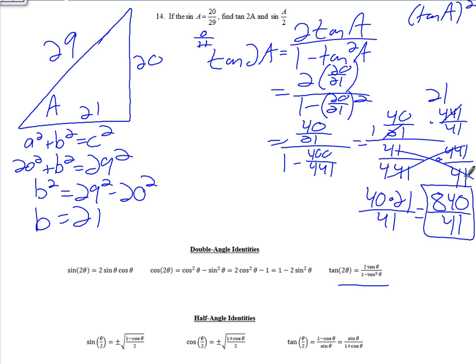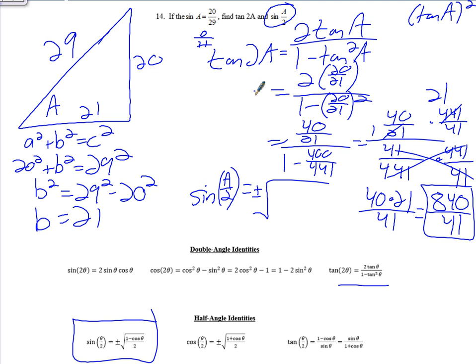For the sine of A over 2, you're going to do the same thing, except now we're going to just plug it into this formula here. So you have sine of A over 2. Sorry, I know this is getting a little messy. Equals plus or minus the square root of 1 minus cosine A over 2.